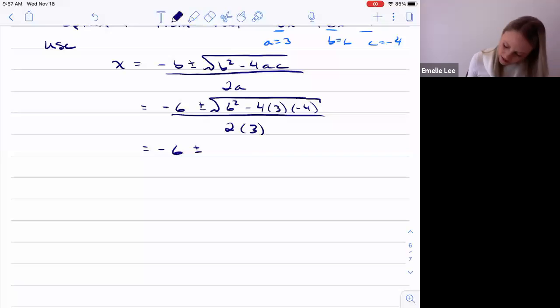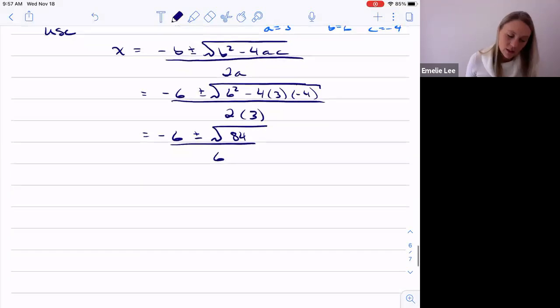I get negative 6 plus minus, and so 6 squared minus 4 times 3 times negative 4 puts me at 84. So the square root of 84 over 6. And I'll do the square root of 84. I get 2 root 21.